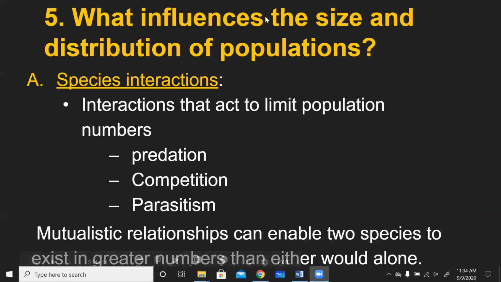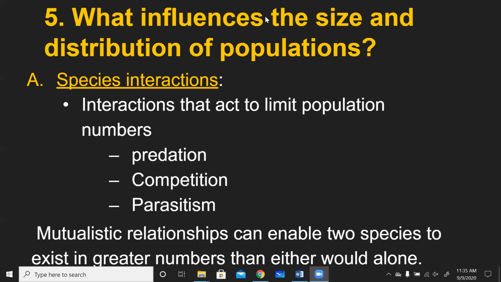What influences the size and distribution of populations? Well, first, you're going to see species interacting with one another. There's never a point in time where species never run into any other thing, ever. You're going to see predation happening. You're going to see competition happening. You're going to see parasitism happening.